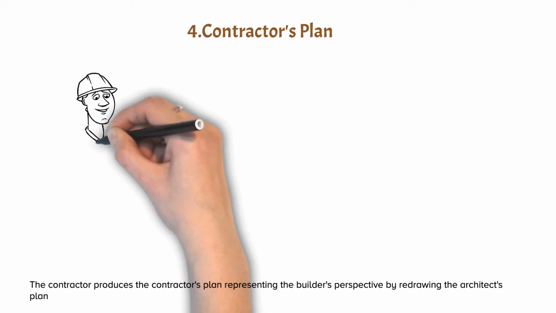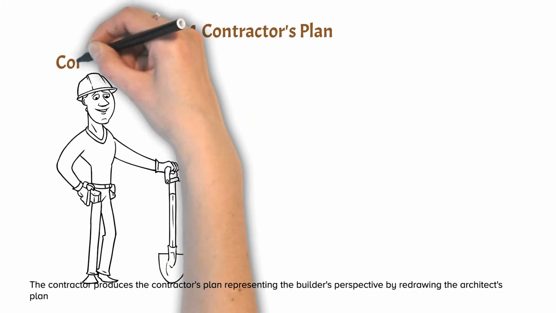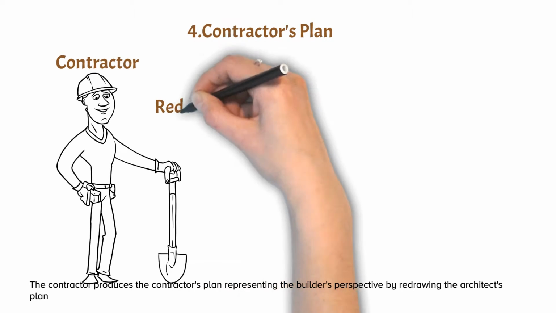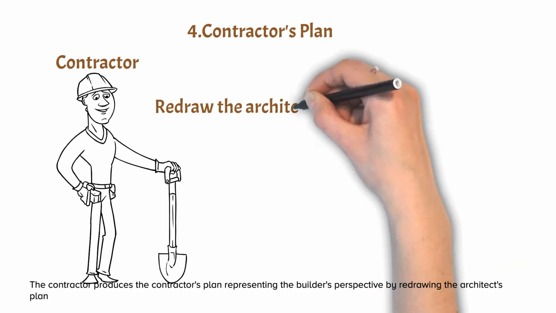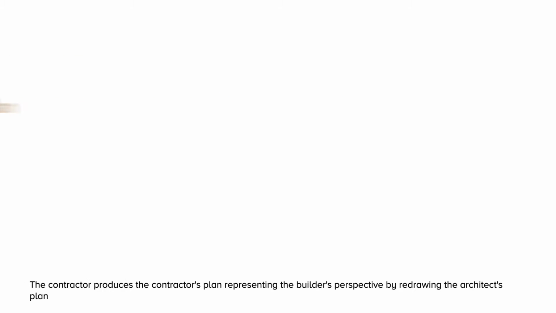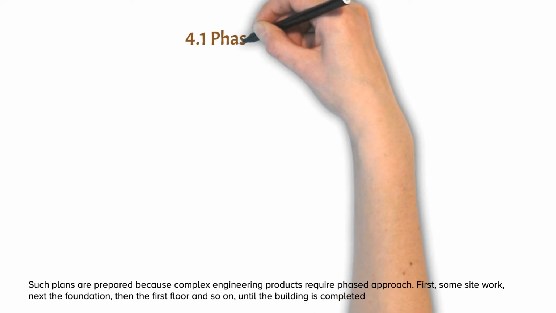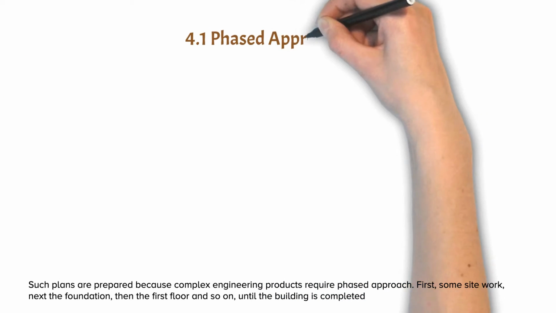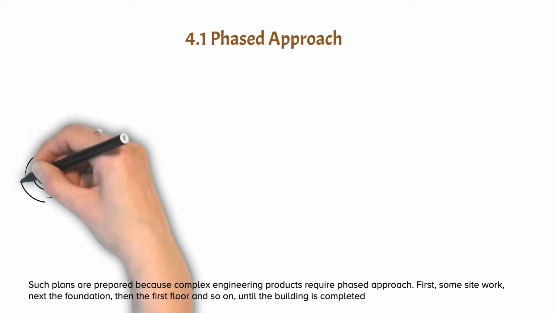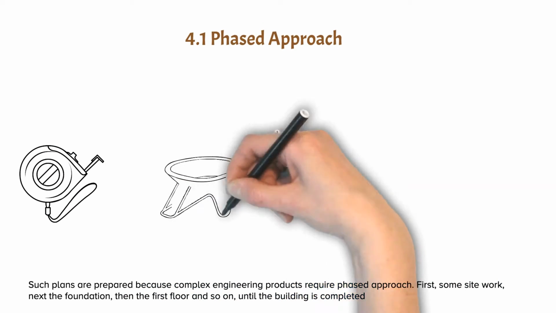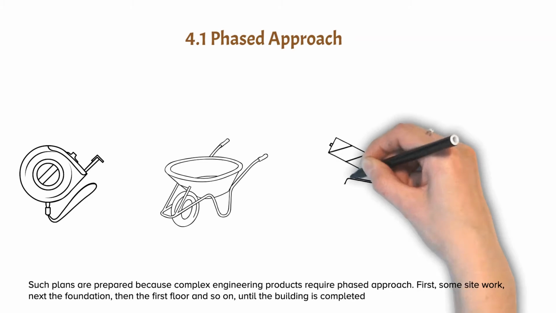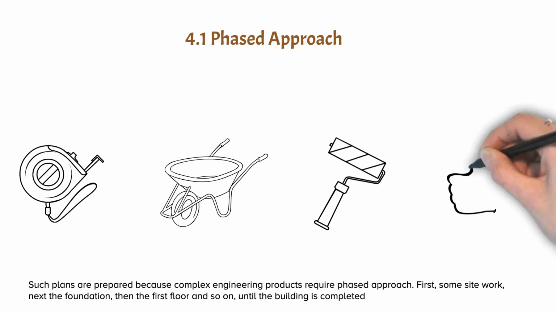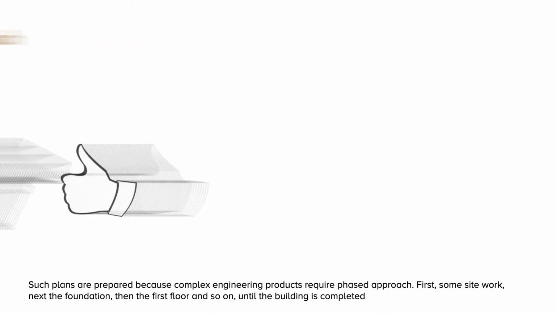The contractor's plan is the next deliverable. The contractor produces the contractor's plan, representing the builder's perspective, by redrawing the architect's plan. Such plans are prepared because complex engineering products require a phased approach. First, some site work, next the foundation, then the first floor, and so on, until the building is completed.